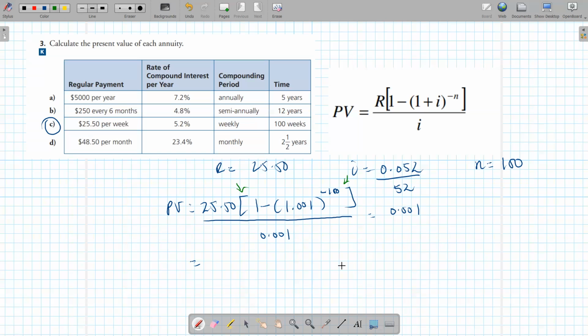Then divide that by 0.001. 2425.492. Right, so usually the money is in 2 cents, so two decimal places. So .49 there, and you're done. So this is the present value of this.